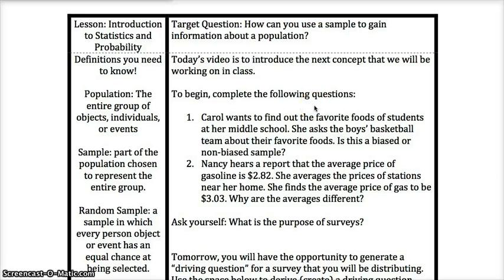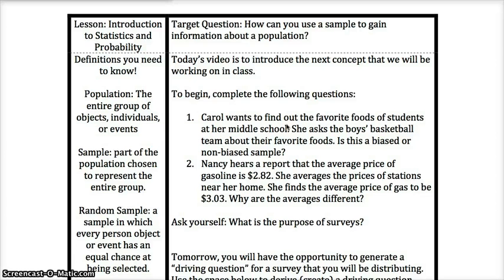So today's video is basically to introduce the next concept that we'll be working on in class for this week. So to begin, we're just going to start looking at these questions. The first one is Carol wants to find out the favorite foods of students at her middle school. She asked the boys' basketball team about their favorite foods. And the question is, is this a biased or non-biased sample?